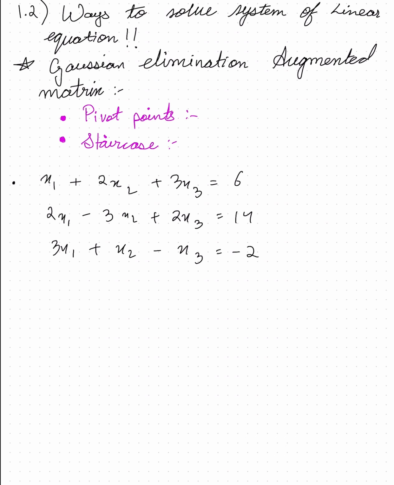So how do we solve a system of linear equations with three variables and three equations? One of the best methods is the Gaussian elimination method, using augmented matrices.